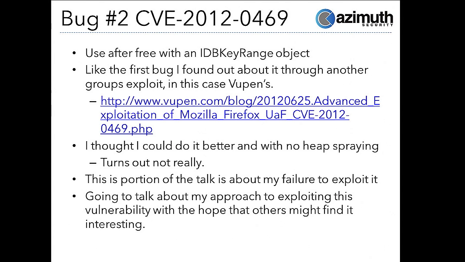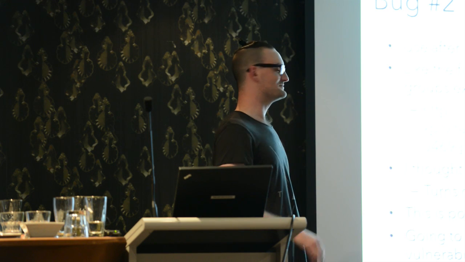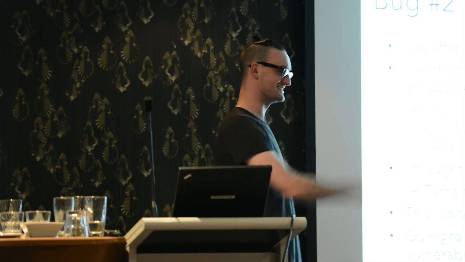I read about this other exploit. It's a use after free in the IDBKeyRange object, and a team did this really great write-up about how they exploited it. They did this 3 heap spray thing, and I thought, wow, it's really sloppy. Look, I at least started doing 1 heap spray, not 3. 3 was crazy. I figured I'd just do this over the weekend.